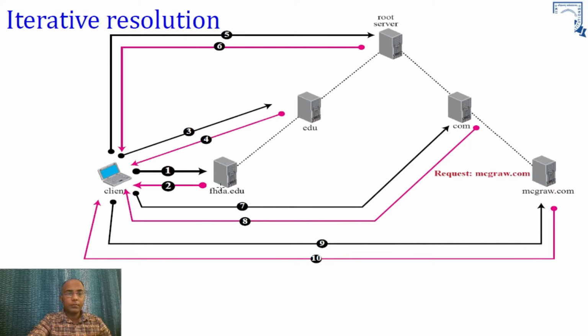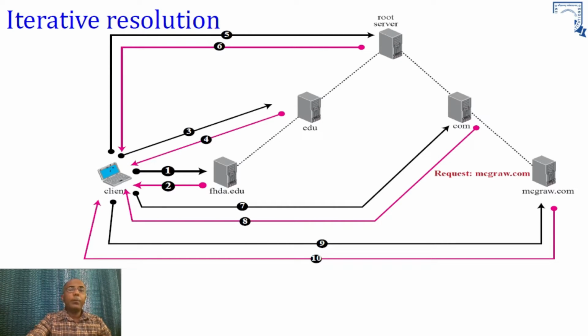It was not found, so a reply was sent with the address of the next server. The client uses the address of the next server and sends request number 3. The response came back as the IP of the next node to check. The edu server did not connect directly to the next server, but sent the IP back to the client to check from the next one.